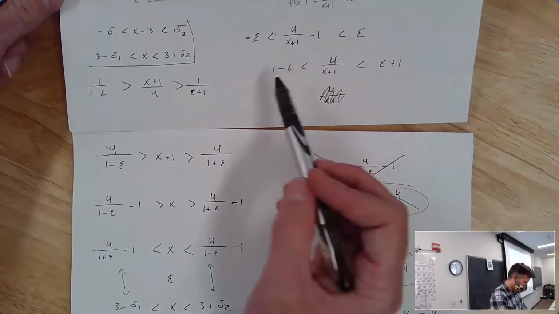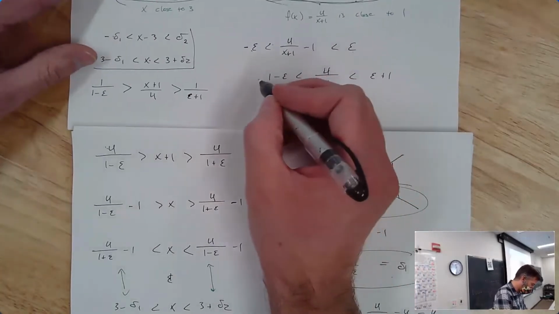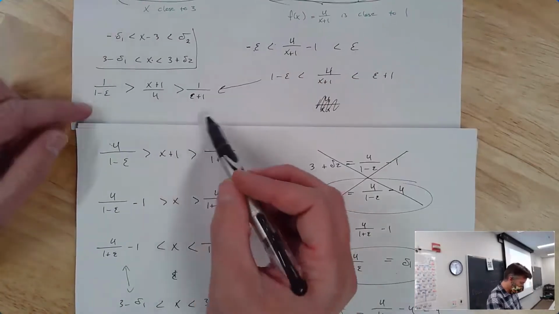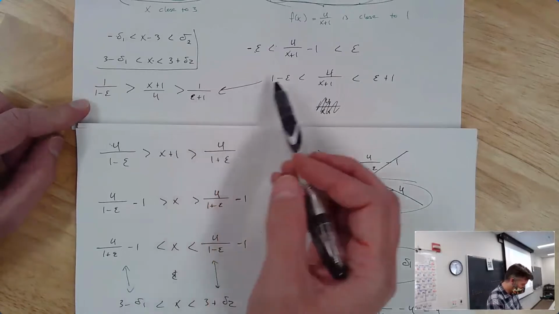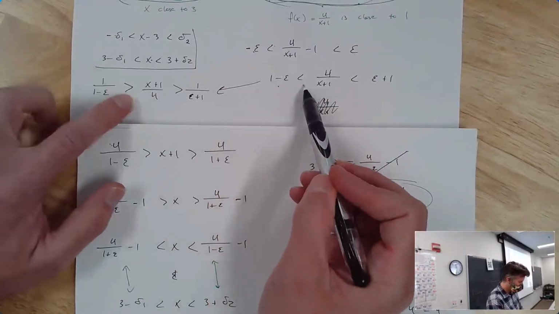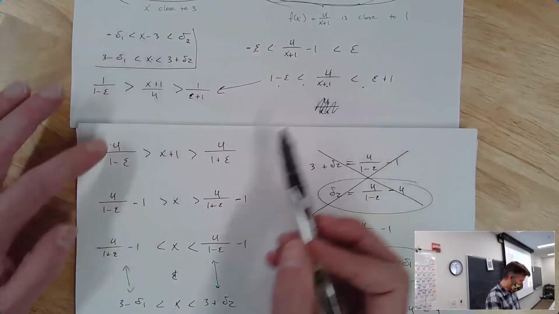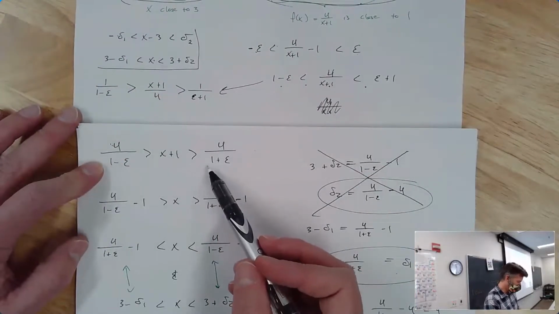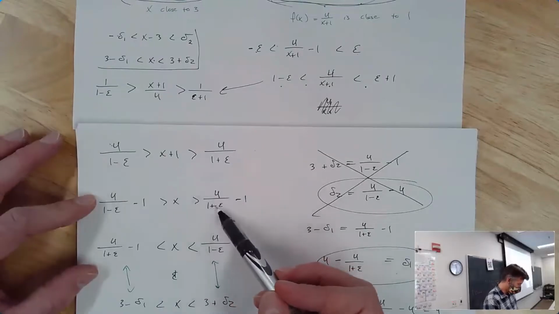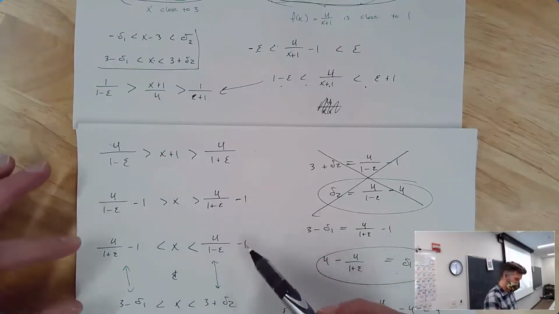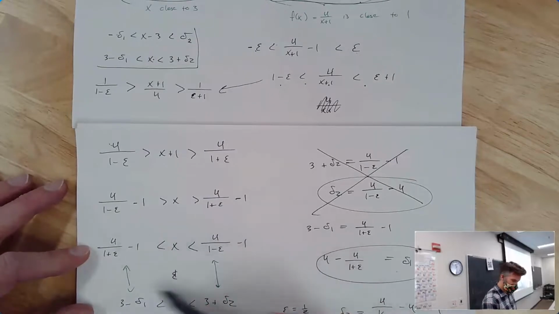Oh, yeah, sorry, I know my work's a little out of order here. We then took the reciprocal of both sides and got 1 over 1 minus epsilon is bigger than x plus 1 over 4 is bigger than 1 over epsilon plus 1. And then we multiplied everything by 4. Then we subtracted 1 from everything. Then we changed the direction of the inequalities just to see it better.